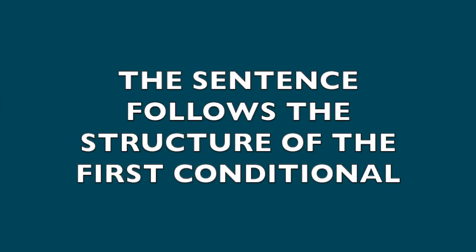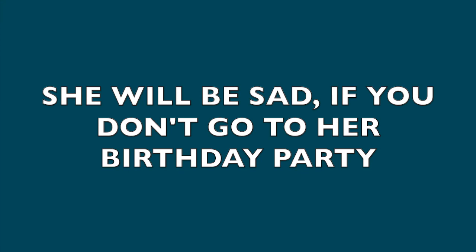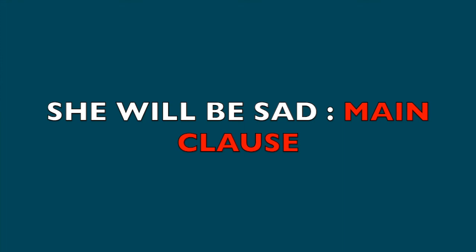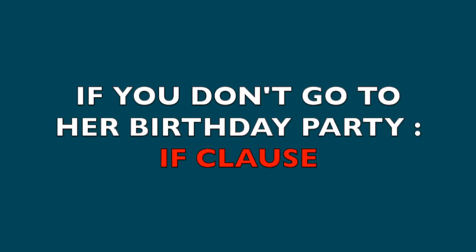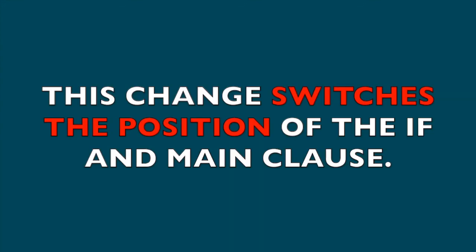Now if we switch the two clauses, the if clause and the main clause, we will get this sentence: she will be sad if you don't go to her birthday party. Now the main clause is in the front rather than the end, and the if clause is now at the end instead of the front.